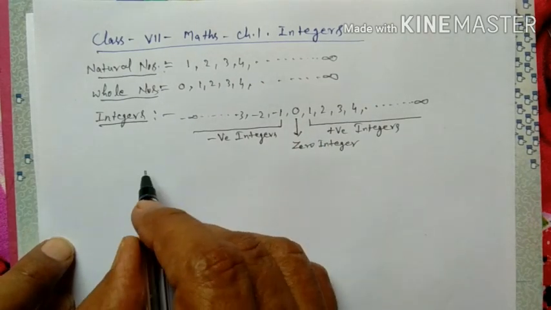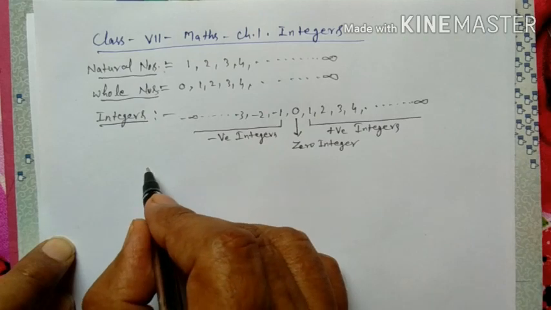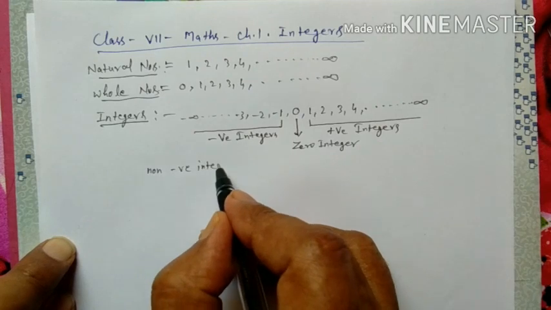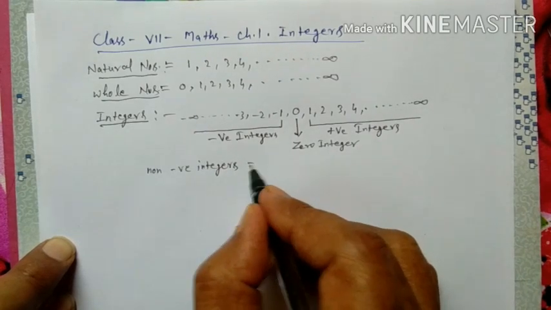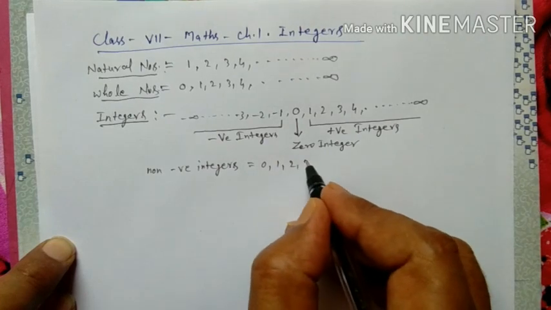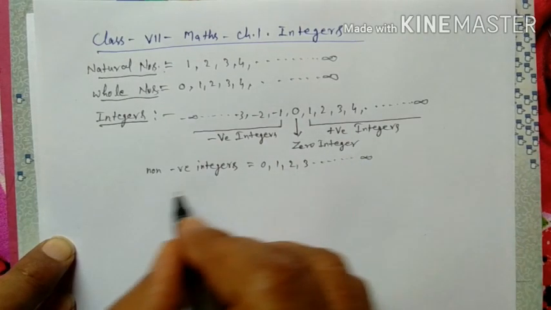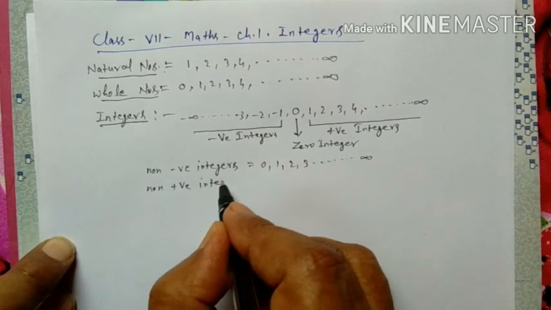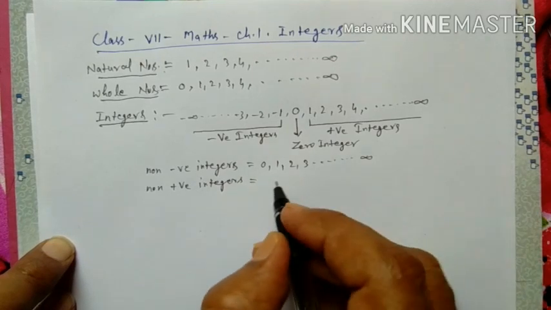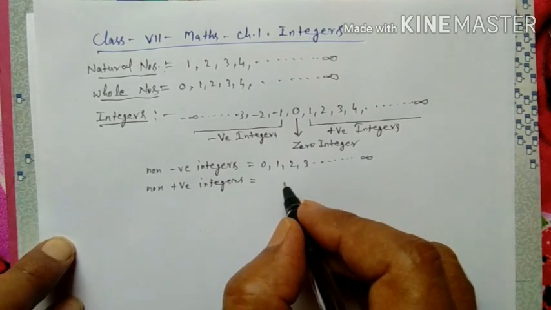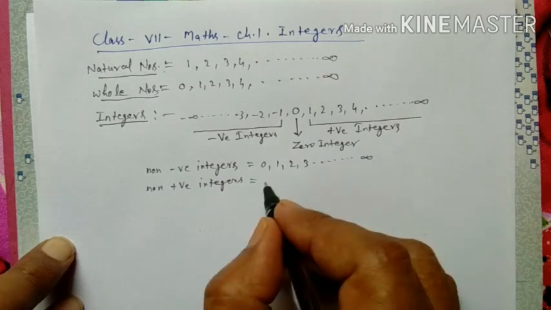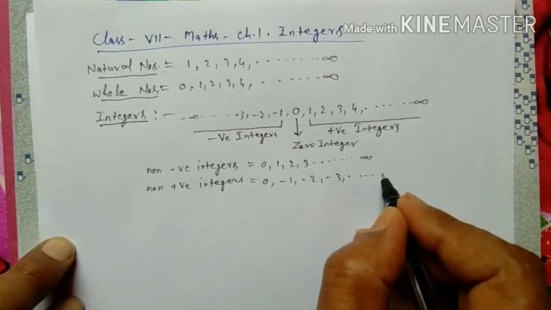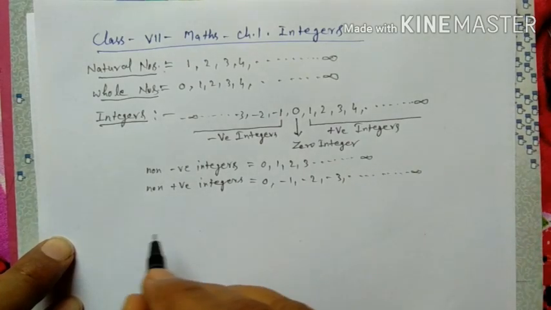Non-negative integers are 0, 1, 2, 3 up to infinity, and non-positive integers are zero, -1, -2, -3 up to minus infinity.